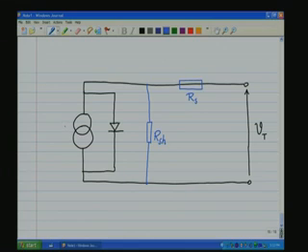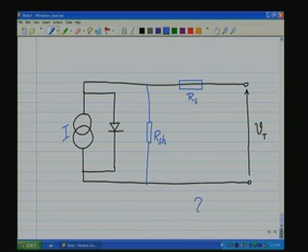So, you see there is a current source, there is a non-ideality of the current source which is the shunt resistance, the non-ideality of the voltage source which is the series resistance, and then the terminal voltage Vt coming out there. So, this is how the equivalent circuit of a typical solar cell would look like.